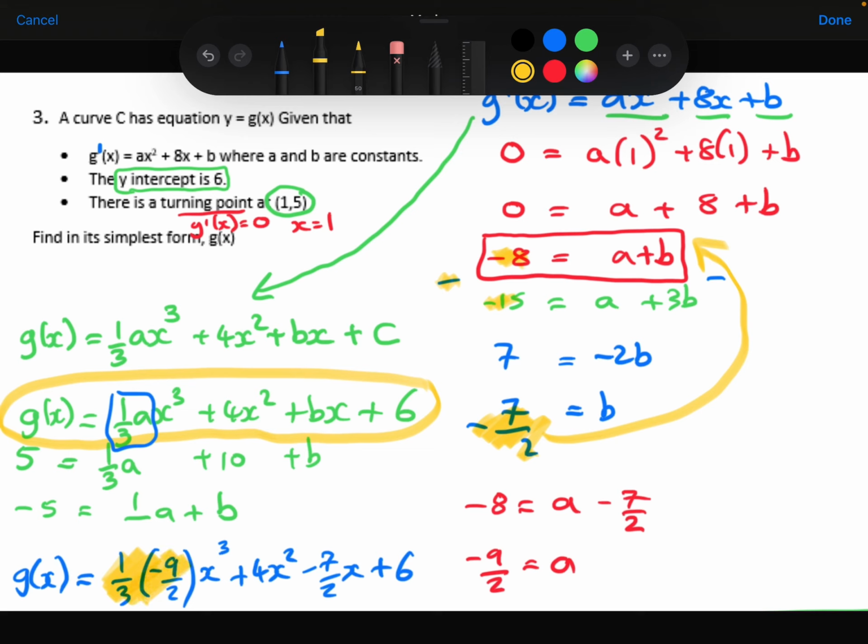And now just tidying this up, the 1/3 of the minus 9 is minus 3. So this is going to be minus 3 over 2. And we're done. This is the g of x curve.